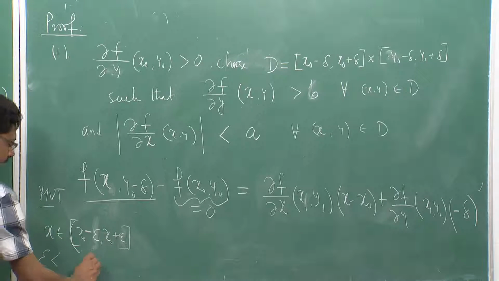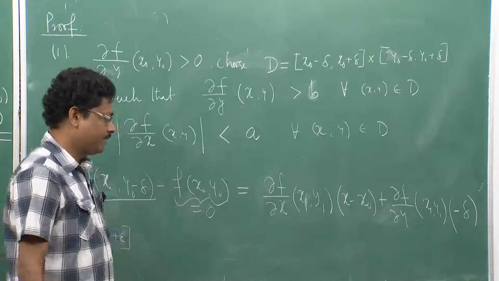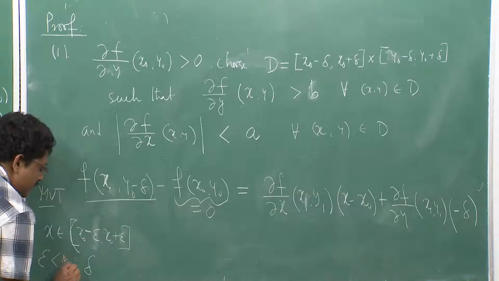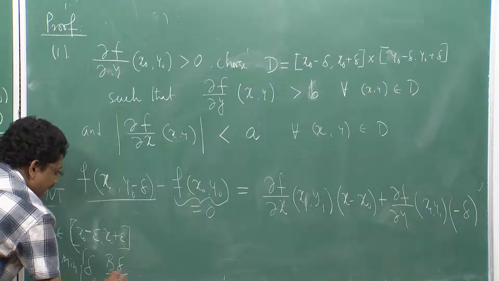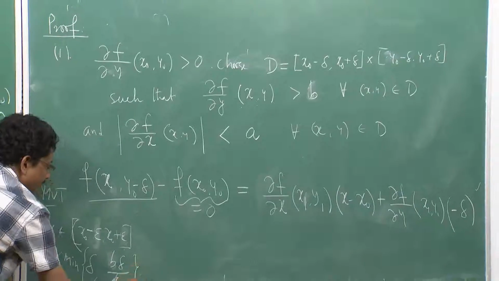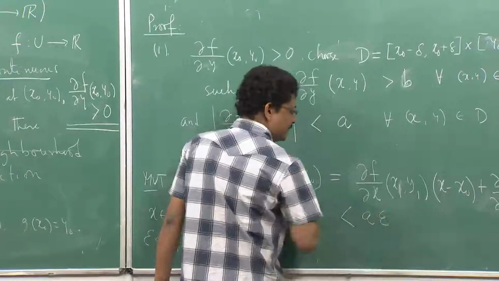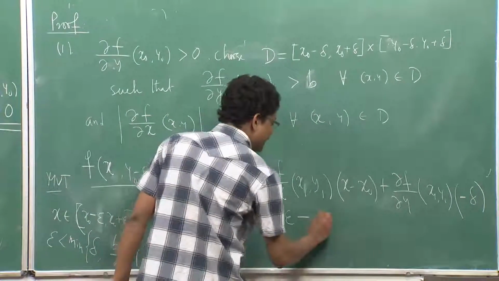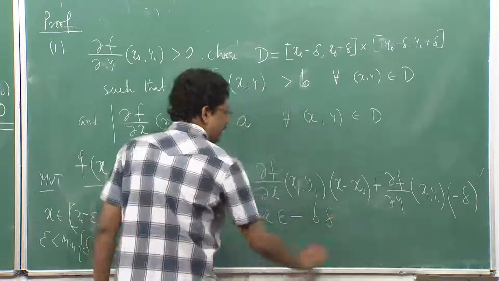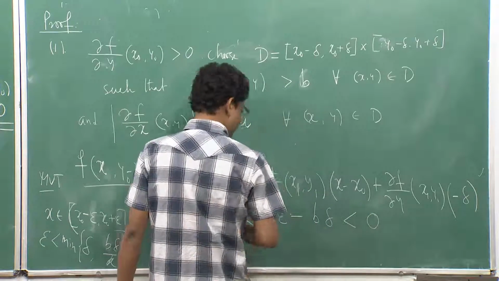So, epsilon is less than delta, such that I still have ∂f/∂x less than a, and I will also make epsilon the minimum of δ and bδ/a. Then this fellow is less than aε, less than or equal to aε, strictly less than aε − bδ, and this will be strictly less than 0.